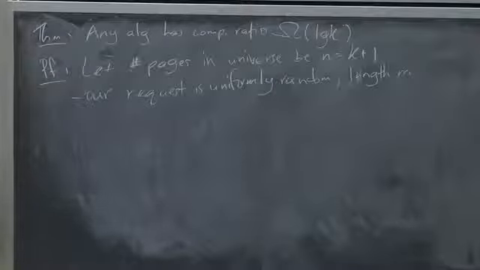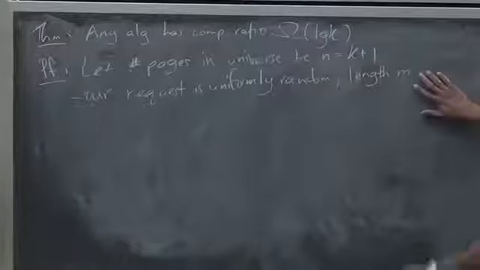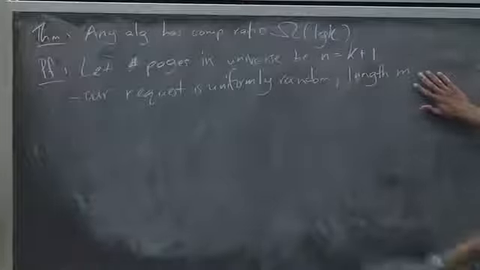Okay, so what's the expected cost of any algorithm? To serve the entire sequence. So we have the sequence of length m. At every step, the request is a totally random page from 1 up to k plus 1.